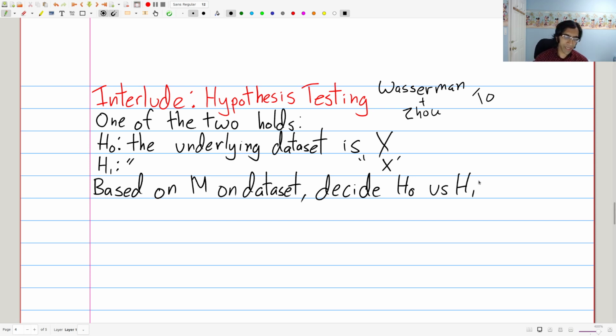Okay, so intuitively, what can we say? Sorry, let me comment on one more important thing. I'm saying the underlying data set is x or x prime, and we note that x and x prime are neighboring. Otherwise this doesn't necessarily make sense. So the adversary is trying to figure out whether they're looking at some data set x or some neighboring data set x prime based on the output of the algorithm it is fed into.